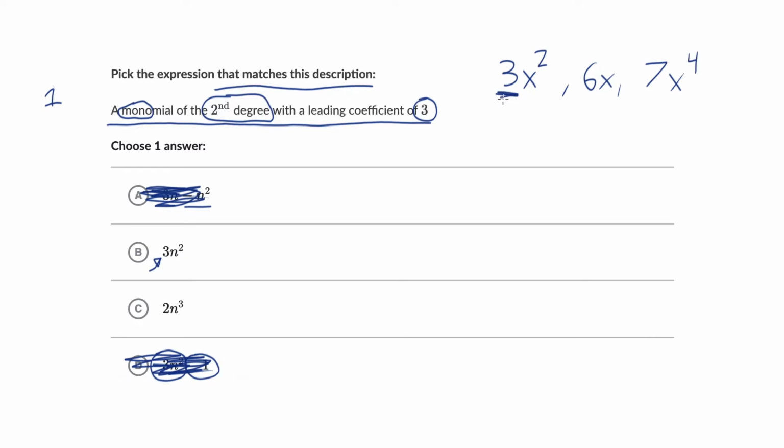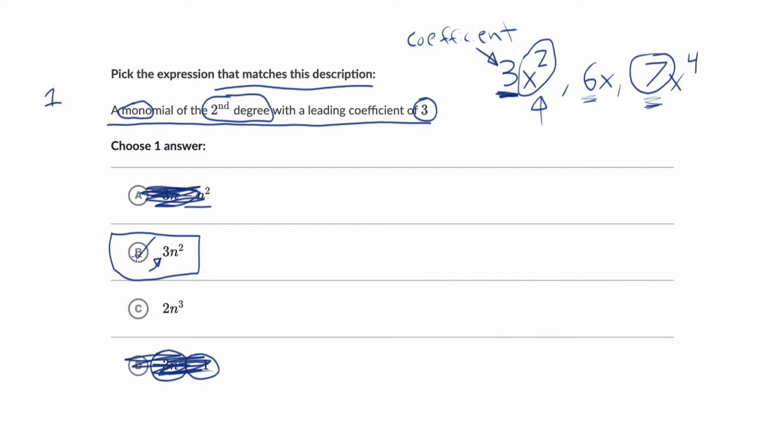These right here, this first number, are coefficients. So obviously you have your variable right here, and the thing that's multiplied to your variable is your coefficient. So let's write that down. Coefficient. That's your coefficient, the number that's multiplied to your variable. So leading coefficient of 3, obviously this is 2. So this is the only possible answer.